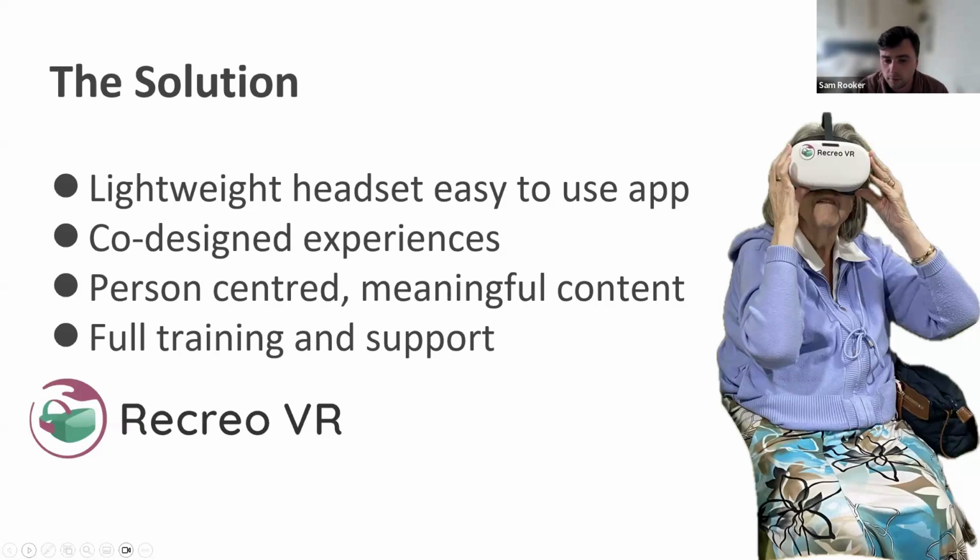Crucially, it allows us to put our app straight onto the headset. So when carers are using the headset with people living with dementia, they simply turn the headset on and they're immediately put into our app. There are no controllers or difficult operating systems to manage.